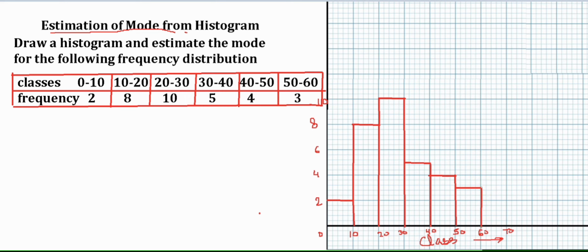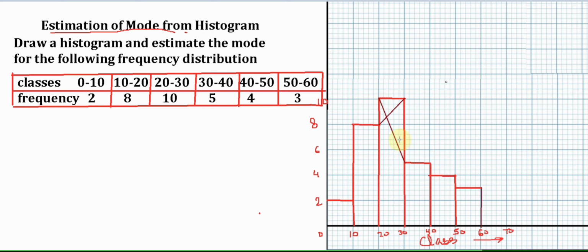Now to find out the mode, first we need to take the biggest bar. In the biggest one, from this point I will draw a line, and from here, where the starting point of the next bar is, we will draw the lines this way.